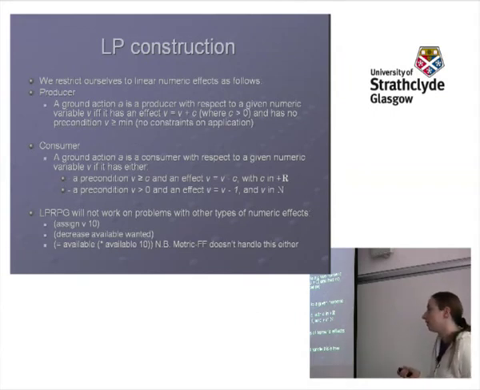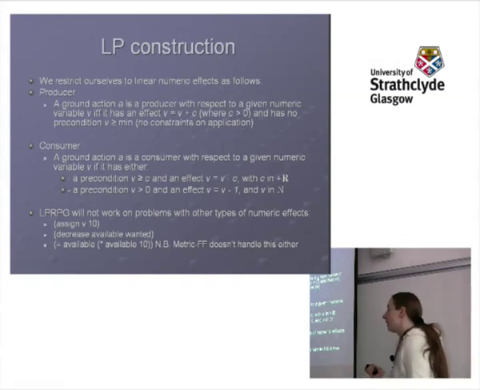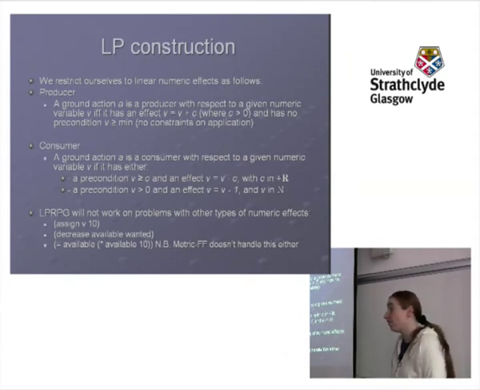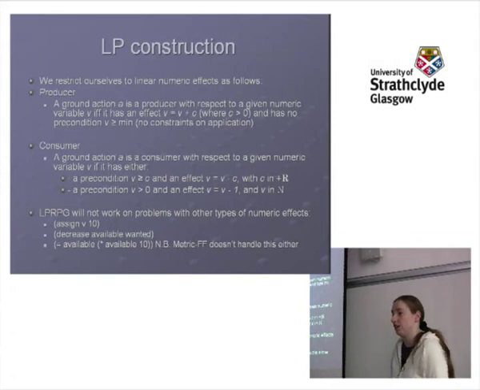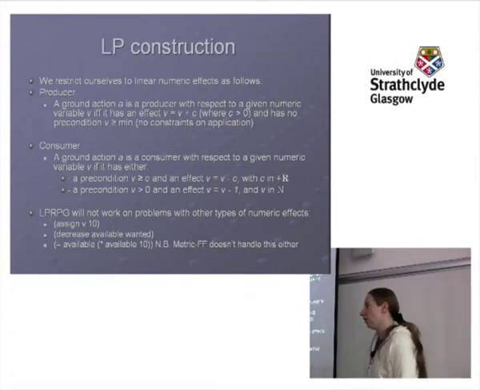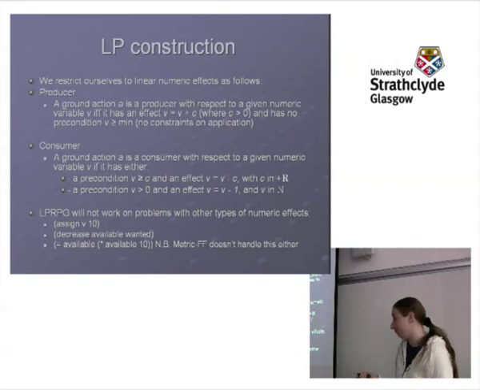So this consumer behavior essentially enforces that variables' values cannot go below 0. In the general case in the real world, it's not that useful to have a variable value going below 0. You don't want the number of packages in your trucks to be minus 2, and so on. So we are restricting ourselves to variables that must stay greater than 0. You'll see why we're doing that in a minute.